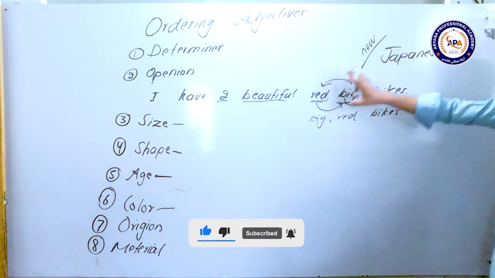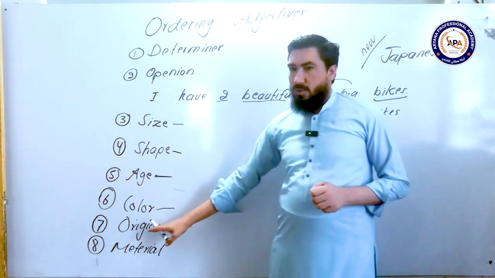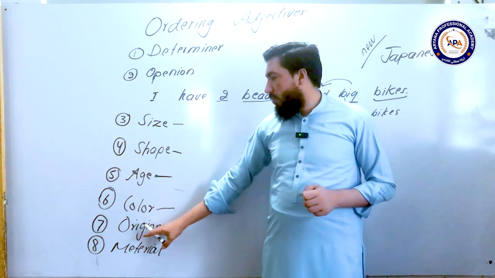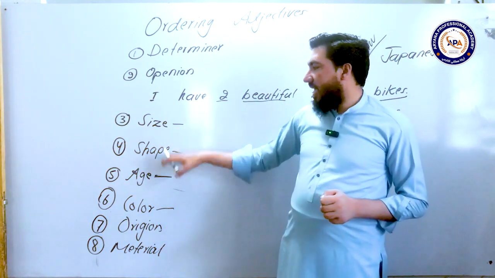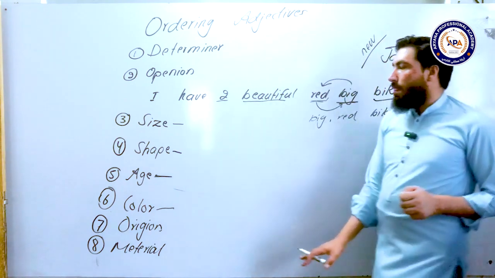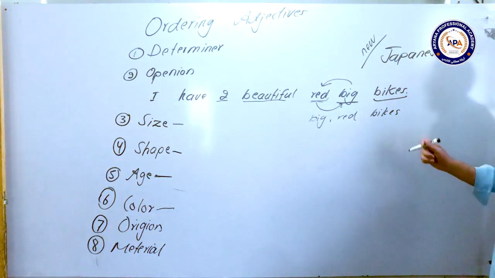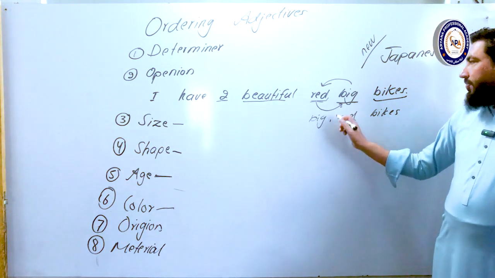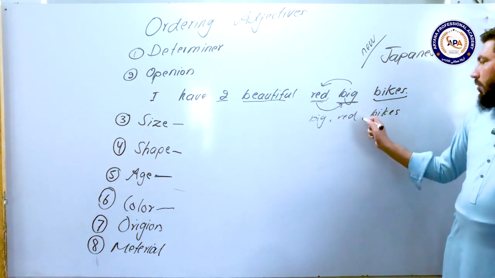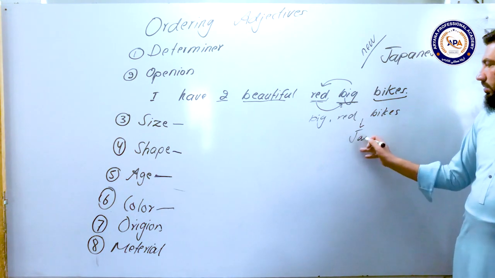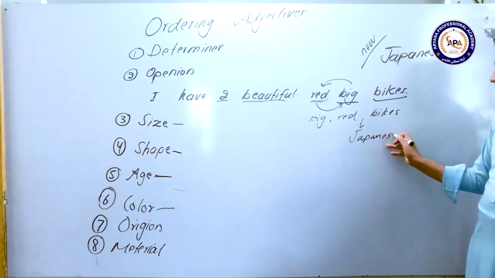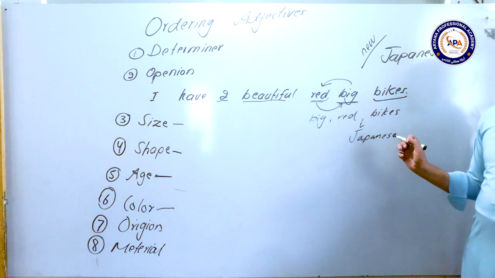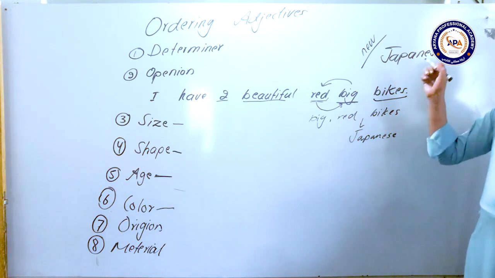The word Japanese shows the origin of a noun. It must be used after the adjective of size, shape, color, and age. So it must be written, I have 2 beautiful big red Japanese bikes. So this is called the order.